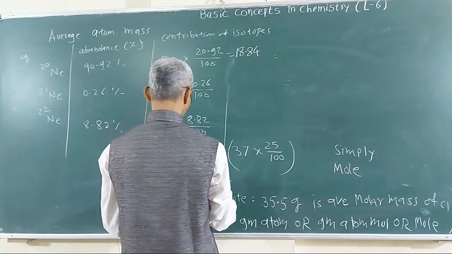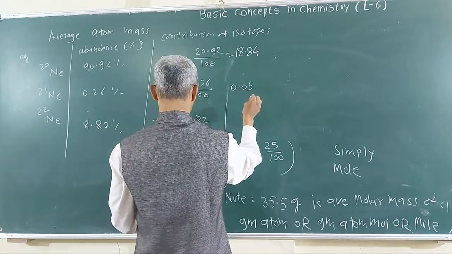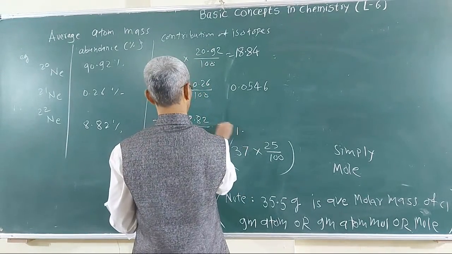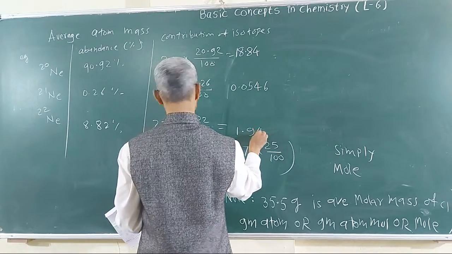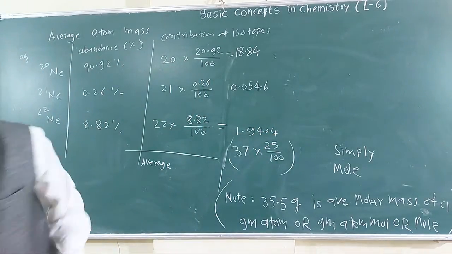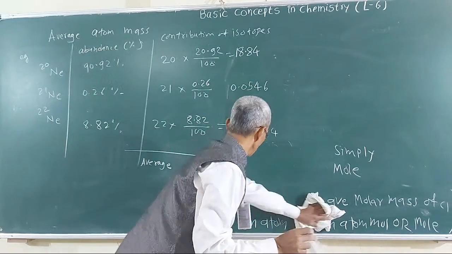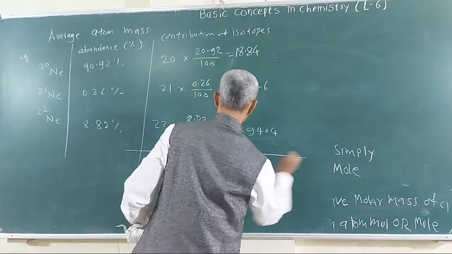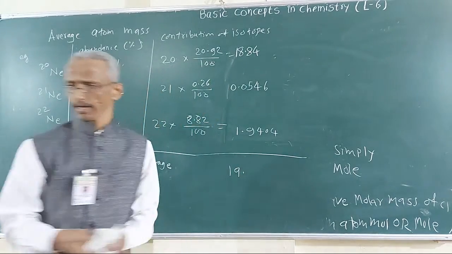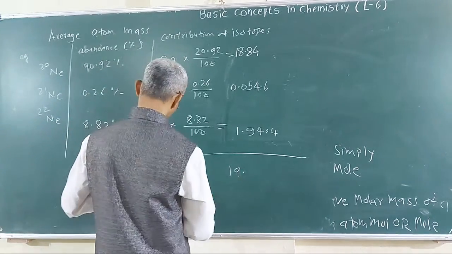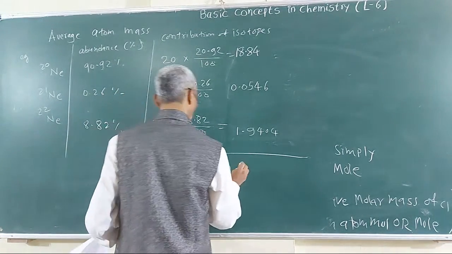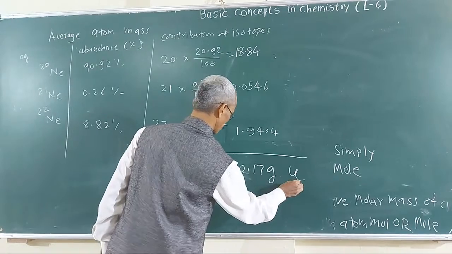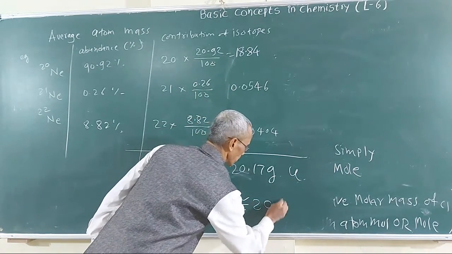Then 0.0546 and 1.9404. So the addition of the contributions of all the isotopes is found to be 20.179.